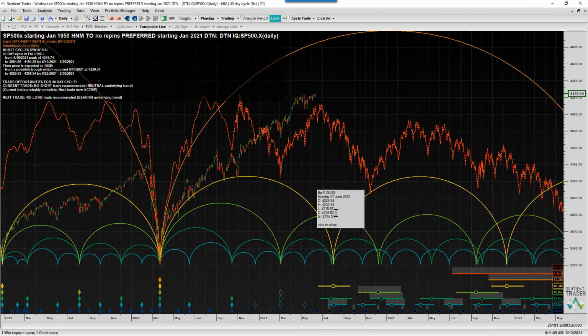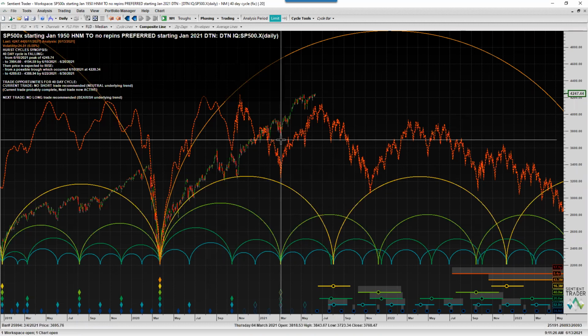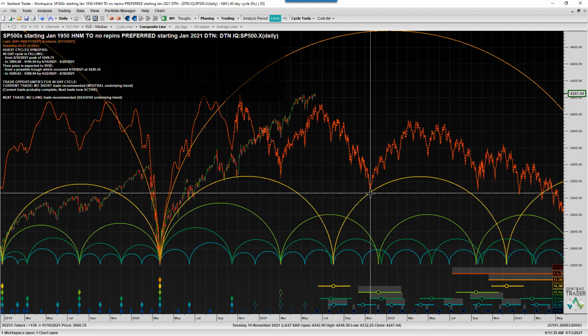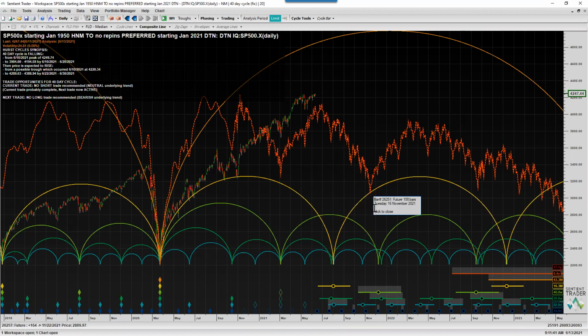The other is in this 18-month cycle, the yellow arch, within that 18-month cycle, there's supposed to be two 40-week cycles. There's this lime green one and this one. And so if the 40-week cycle ended here, then the next 40-week cycle would move down, and the November time frame of this year would be the expected end of the 18-month cycle trough.